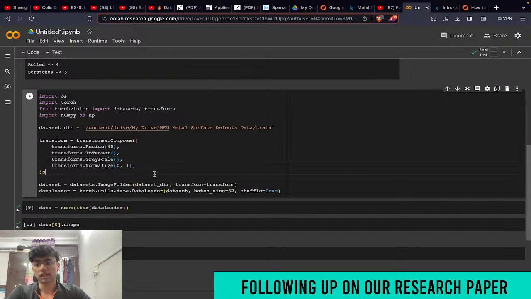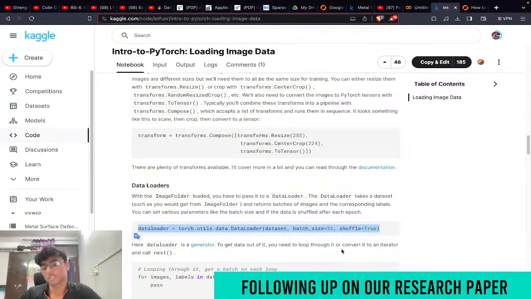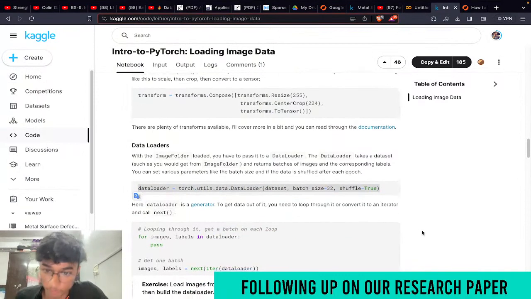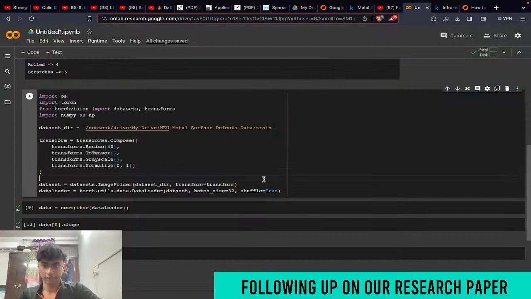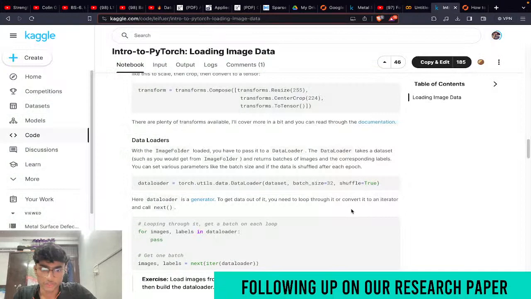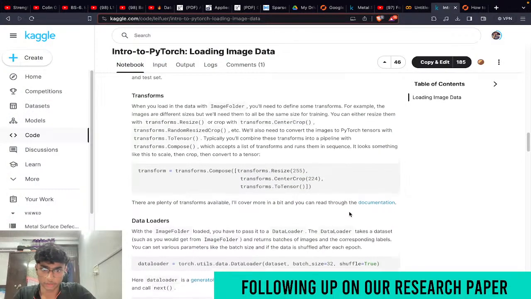But other than that, what I'm confused about is where are my labels? There are no labels, right? It does not store my labels. What was he talking about? How did he get labels? You just get labels in the data loader. How did I do it? Do we have to give it something?